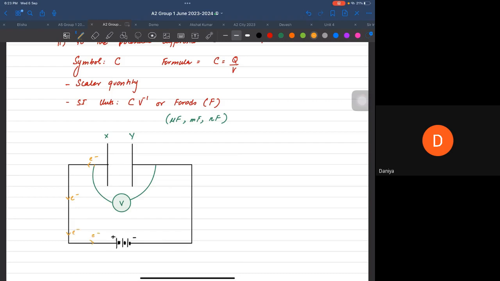When they travel towards the battery, they leave their positive counterparts on the plate. Do you get it?